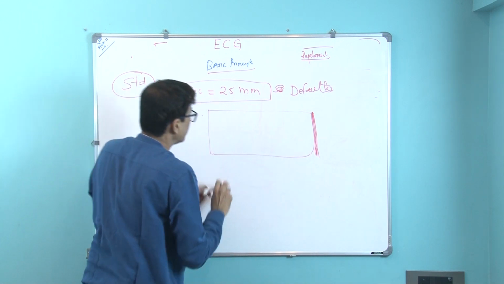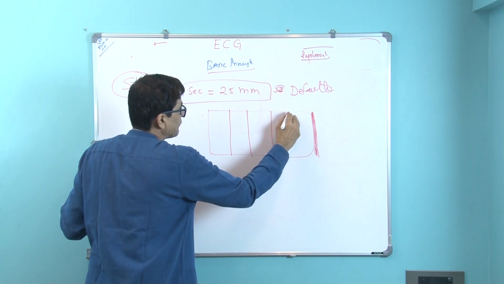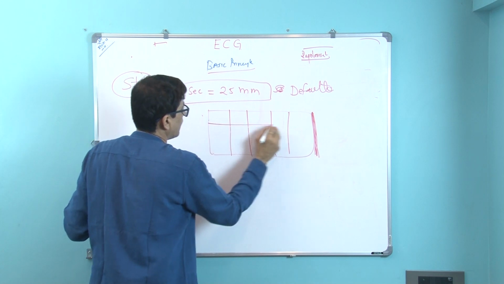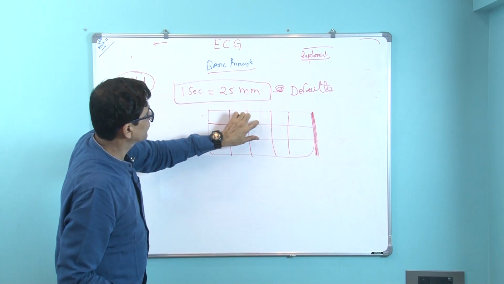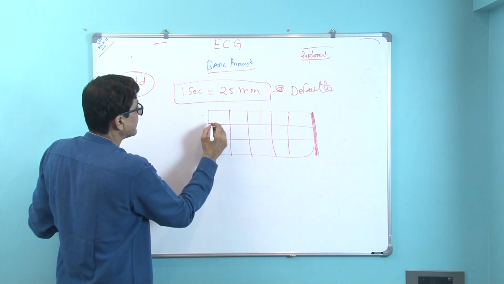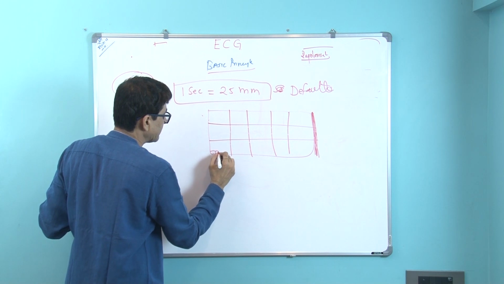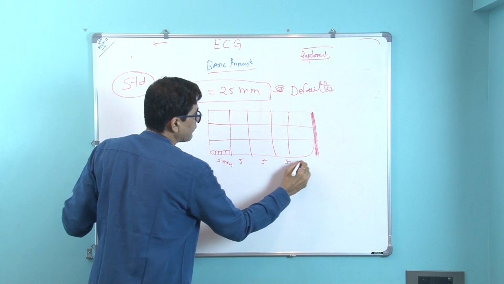There will be 5 small squares of 1 millimeter each, so 5, 5, 5, 5, 5.